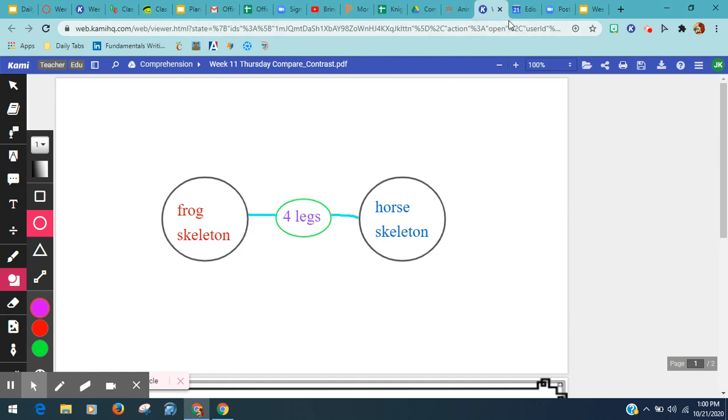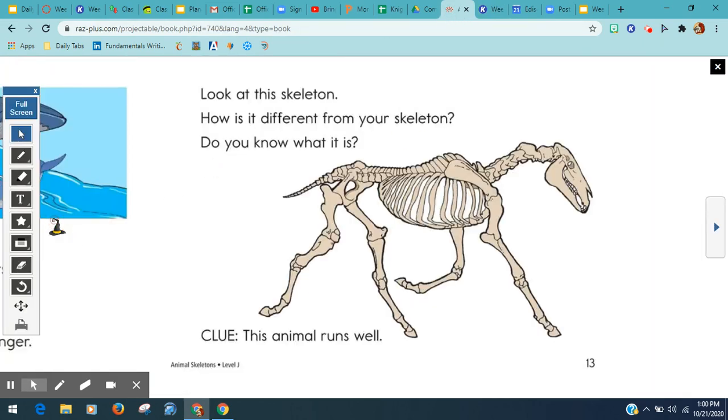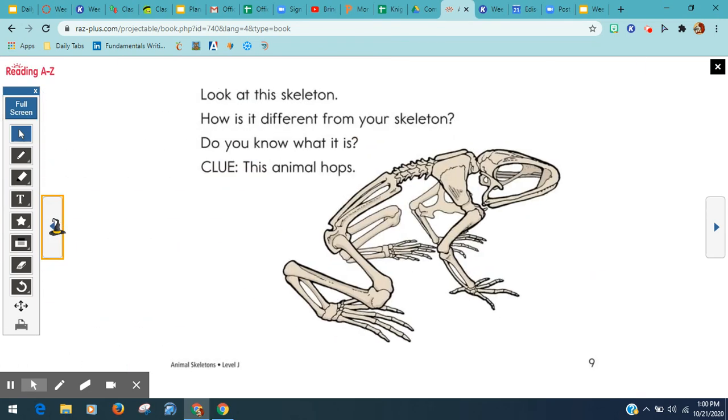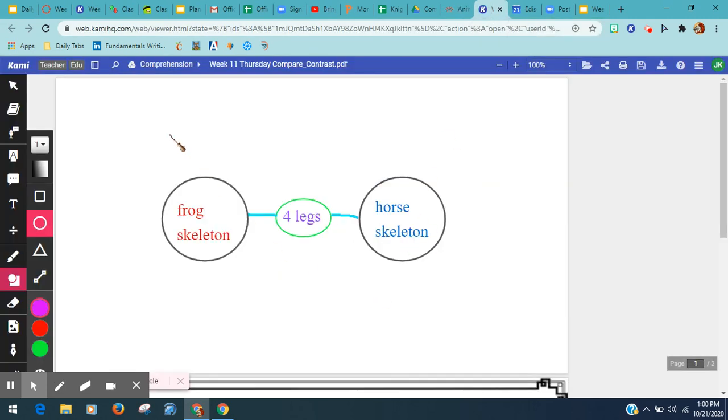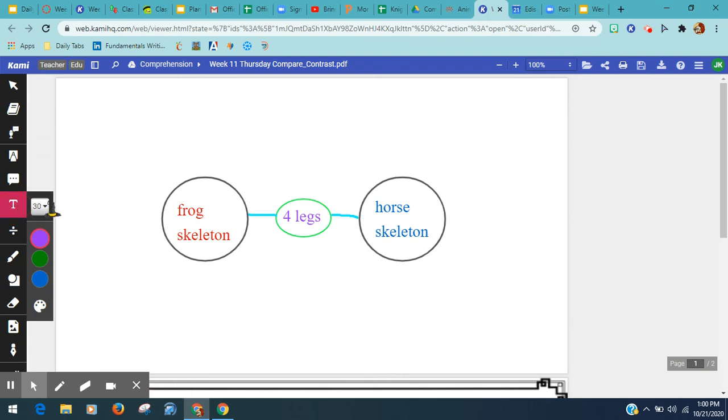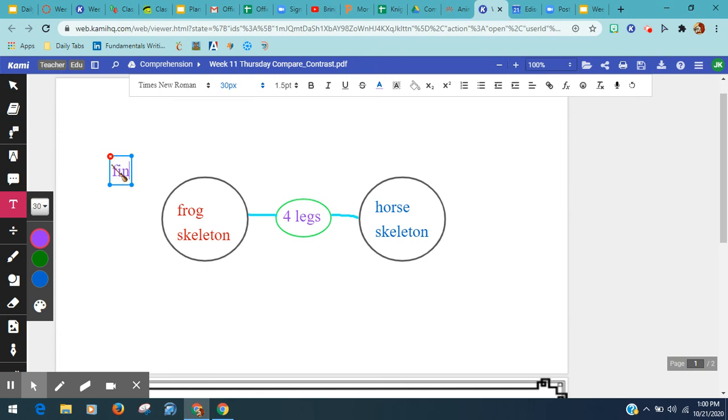All right, let's go back to that frog. Let's see what else we noticed. 4 legs, but finger bones. The horse didn't have those finger bones, did it? So when I write finger bones, I'm going to write it over here because it's only true for the frog. It's not true for the horse. So I'm going to write it first. I want to change this to red.